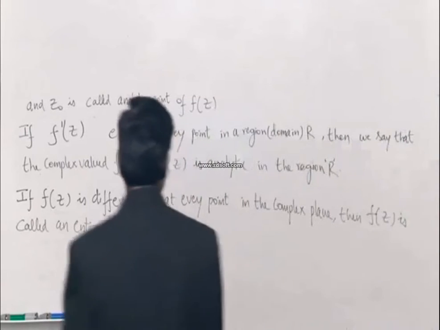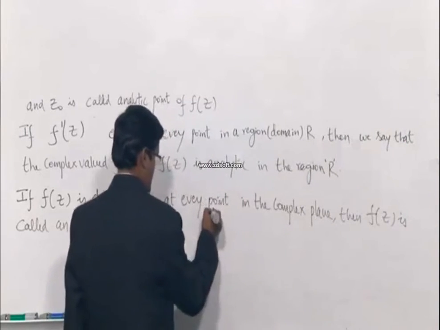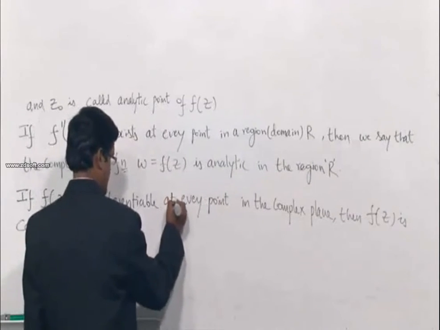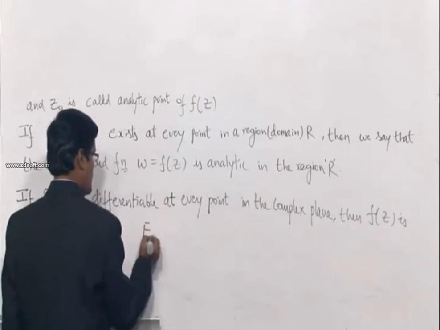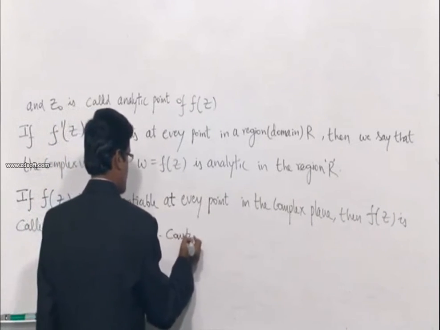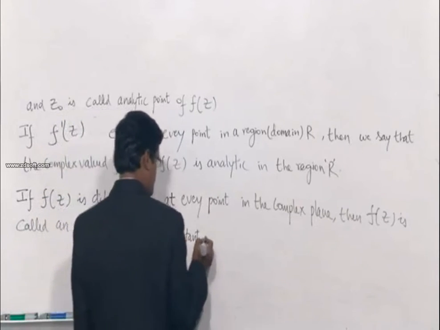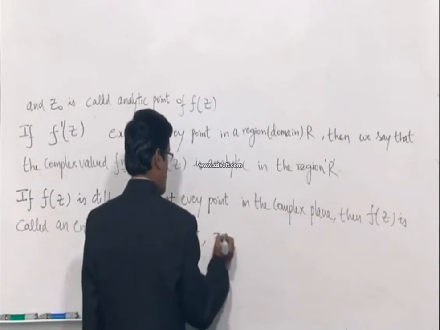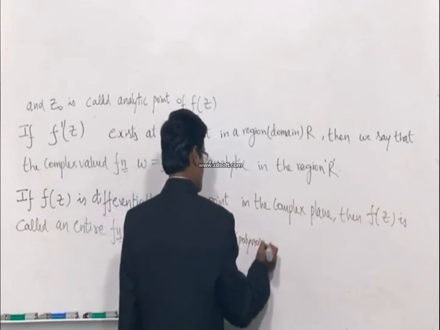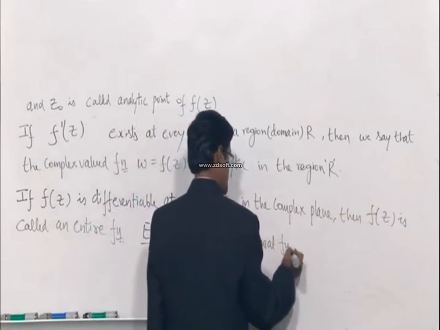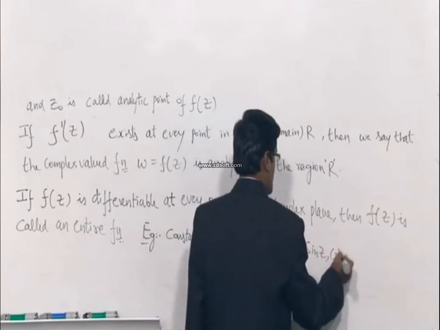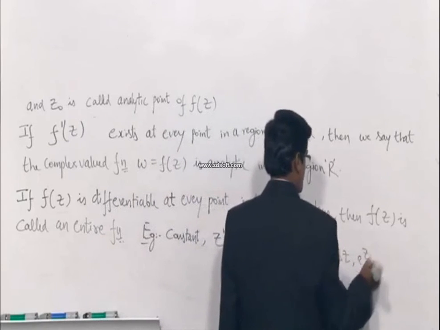Examples: constant, z power m, polynomial function, sin z, cos z, e power z.